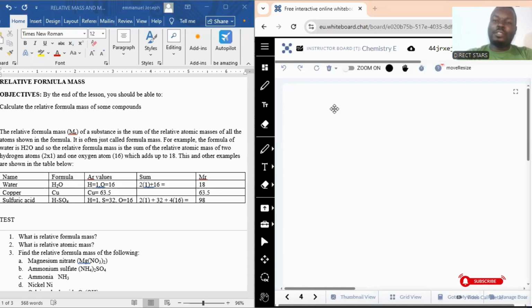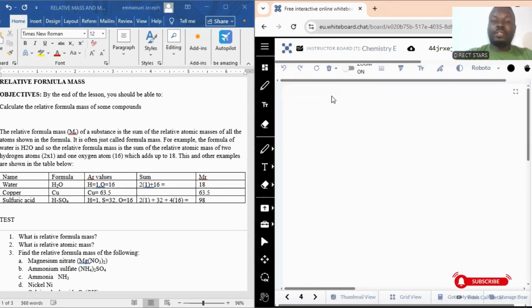When you pick your periodic table, you would notice two pieces of information for each element. Take, for example, oxygen. You would see a number up here, approximately 16, that's 15.9. And then you have another number down here as a subscript.